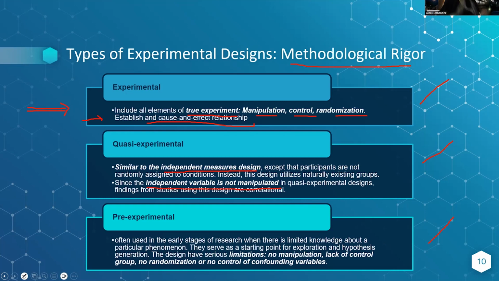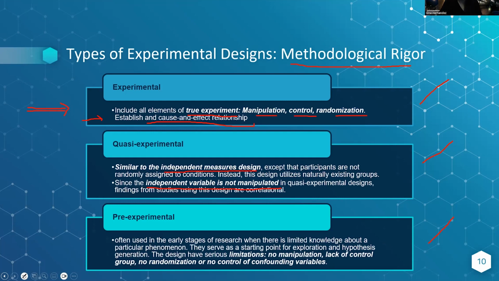See, so these quasi-experimental designs have the rigor. They want to be an experiment, but they don't have control of the independent variable. And sometimes this kind of experiment exists because sometimes it's unethical to manipulate the independent variable.